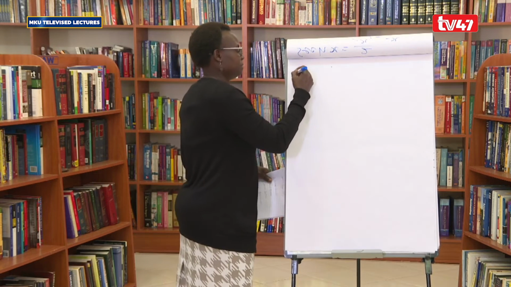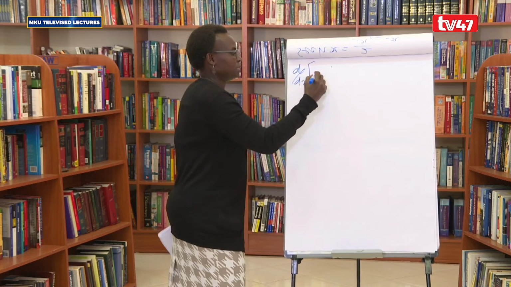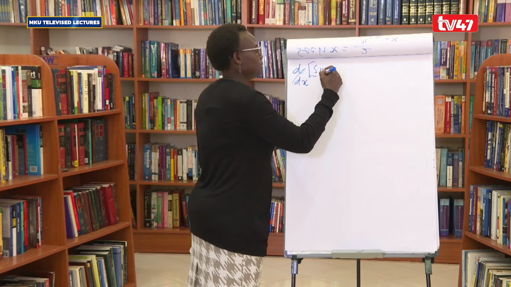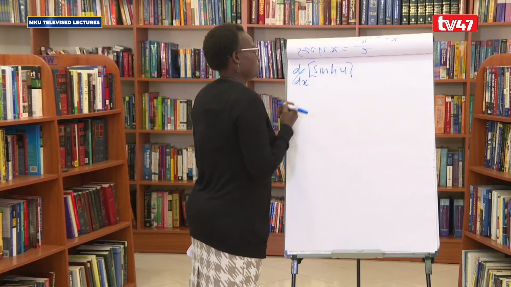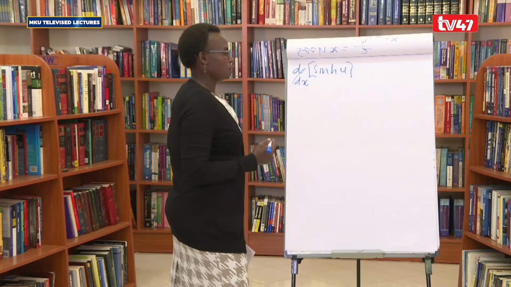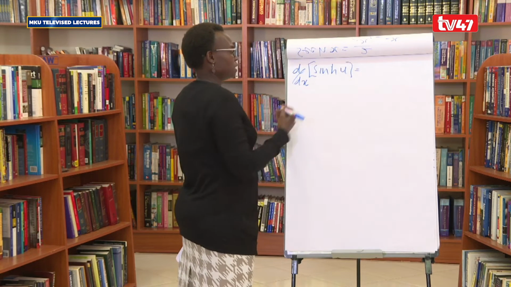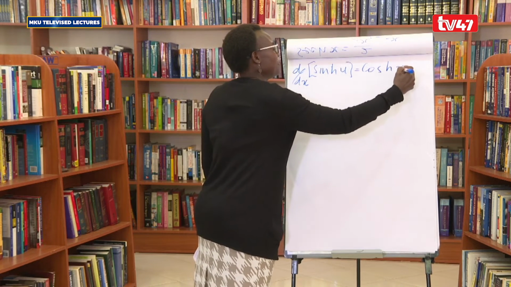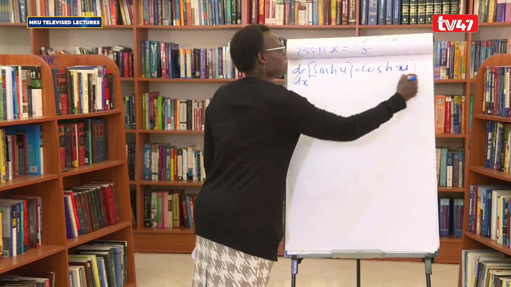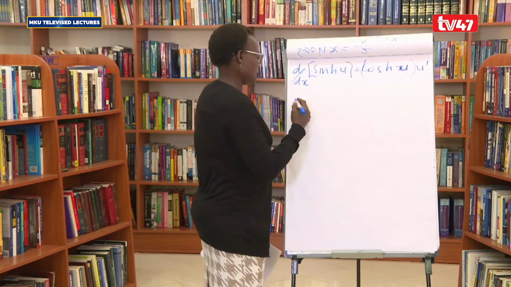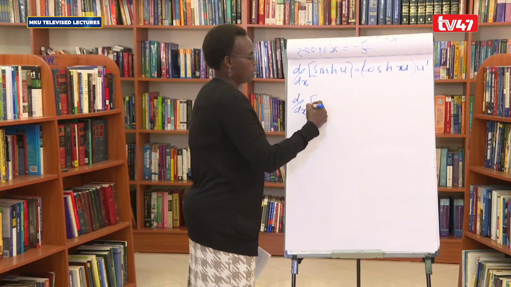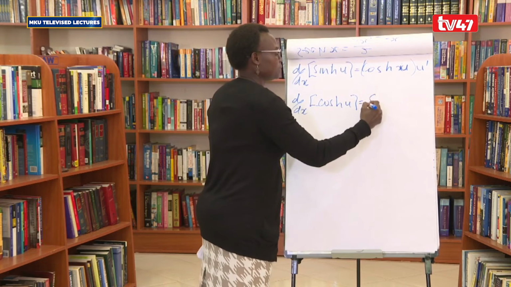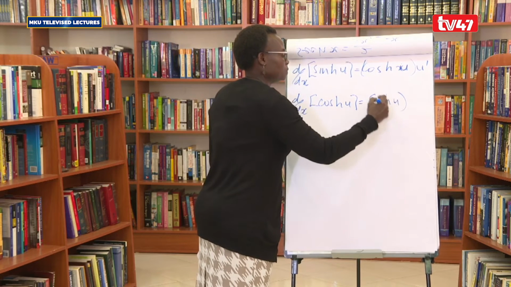We'll prove the derivatives. So let's go to the derivatives first. So we have sine hyperbolic u. So u being a differentiable function of x, this will give us cos hyperbolic u, u bar, and then the derivative of cos hyperbolic u will give us sine hyperbolic u, u bar.